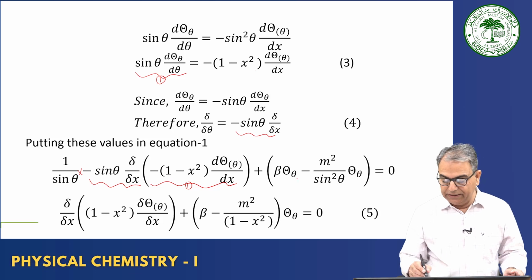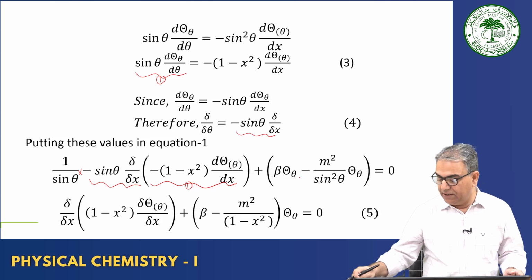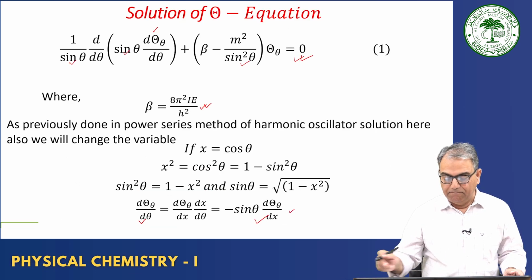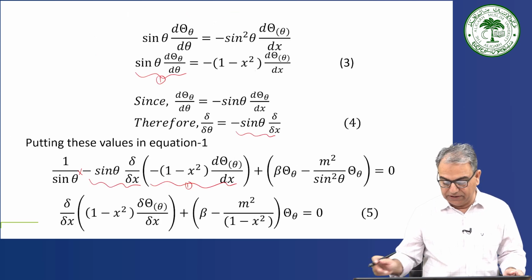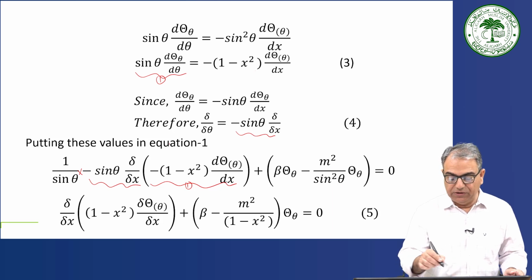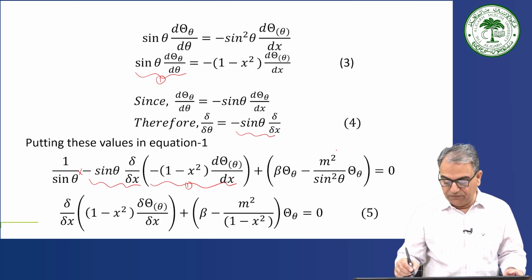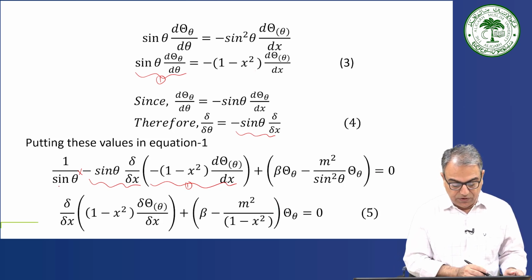And then you have beta times Θ minus m square Θ divided by sin square theta, so that will remain the same. Beta Θ minus m square over sin square theta Θ. So just put the values of these equations from 2, 3 and 4 and you get this equation. Now this sin theta and this sin theta will cancel.